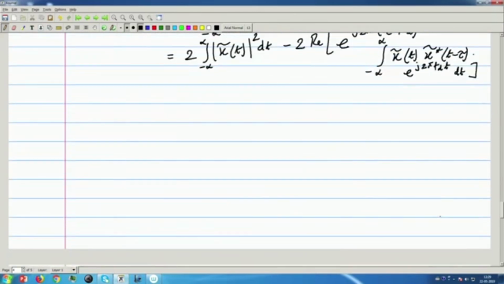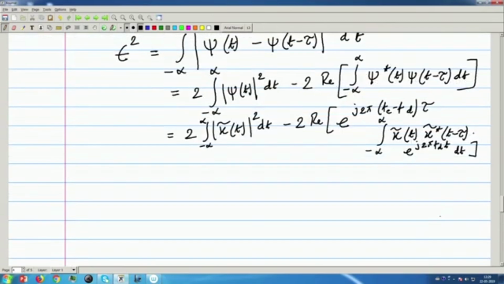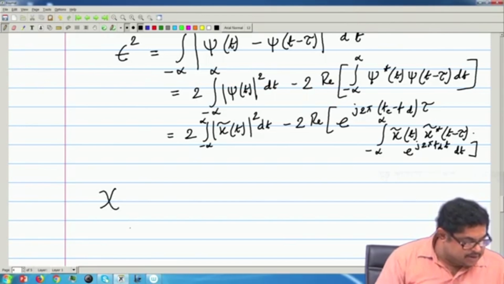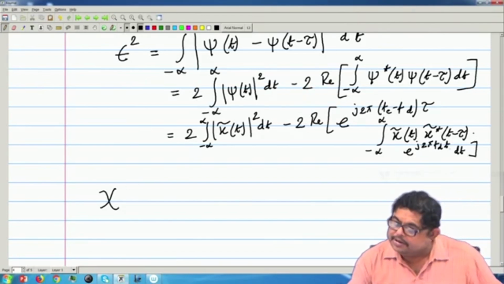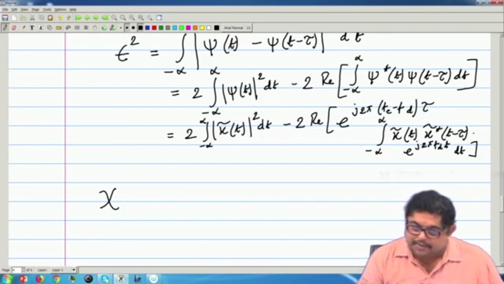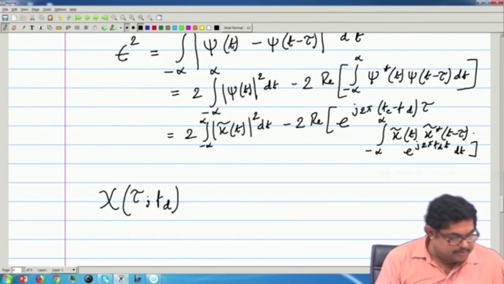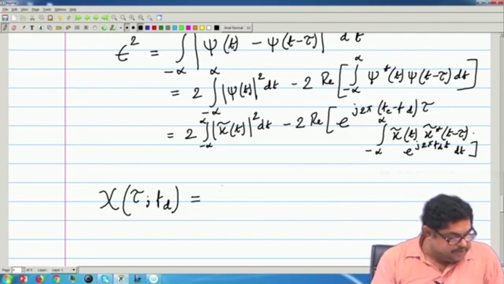So, now is the time for defining a function for this, a very important function, and you see this function is a 2-dimensional function, because it depends on both tau and f d. So, that is why it is a 2-dimensional function, a very important function in radar detection.